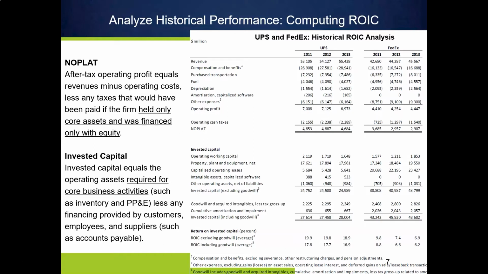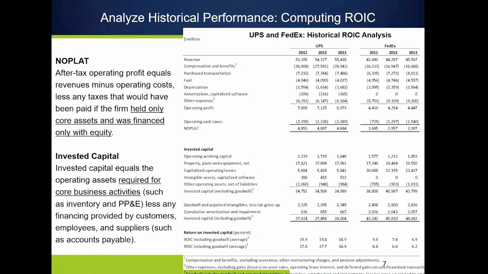Invested capital is the reorganized balance sheet. Again, reorganized so that it only represents operating assets less any operating financing that occurs. So this is taking the full consolidated income statement and balance sheet, going through, checking to see all the stuff that is only operating items, reorganizing it so that we come up with these two measures, NOPLAT and invested capital.